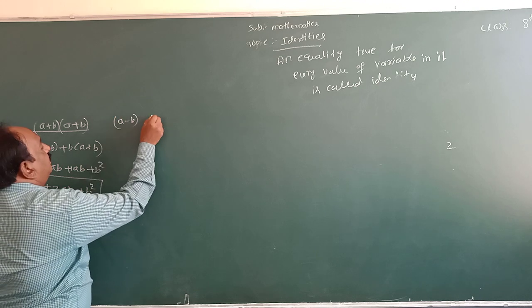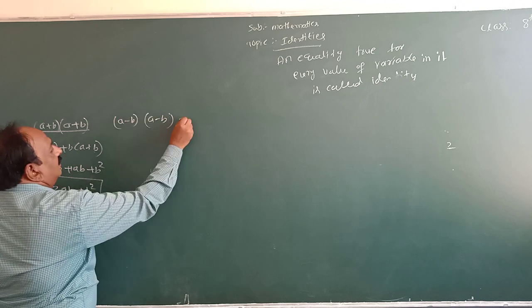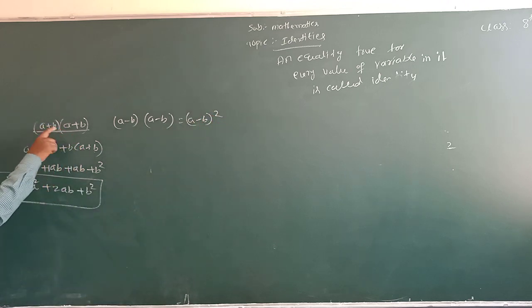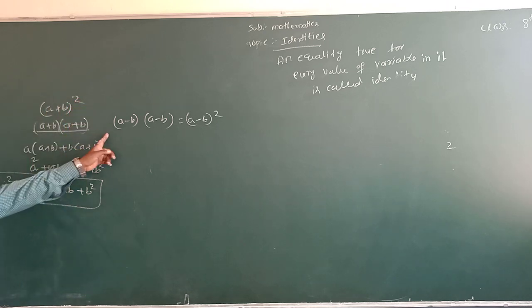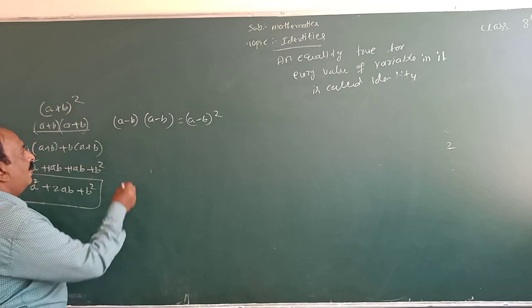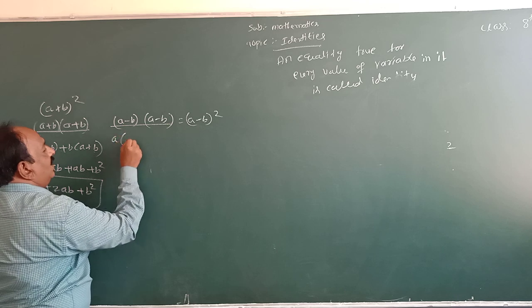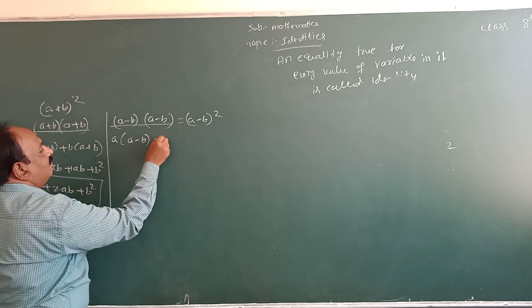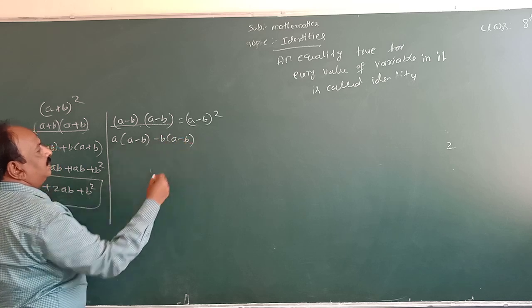Next, (a - b) into (a - b), nothing but (a - b) whole square. Again multiplication: a into (a - b), minus b into (a - b).